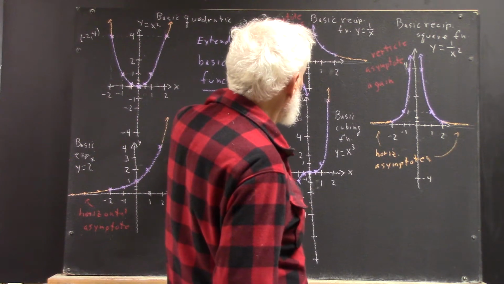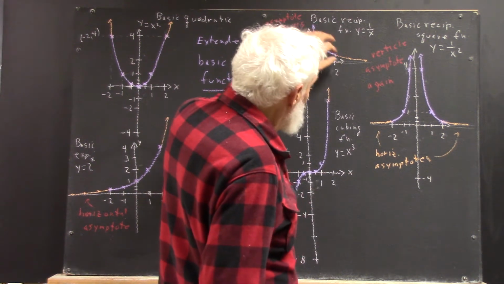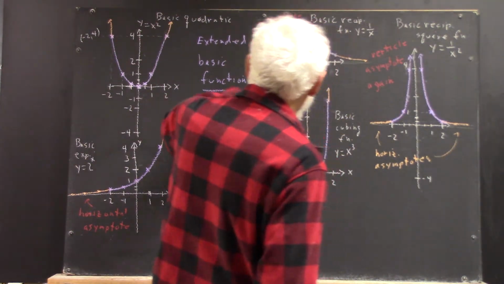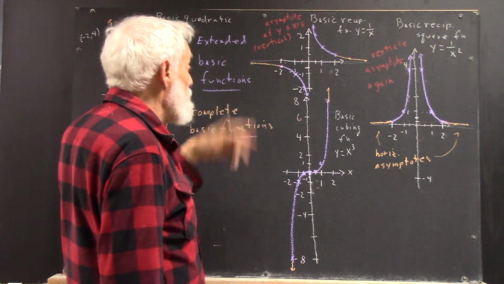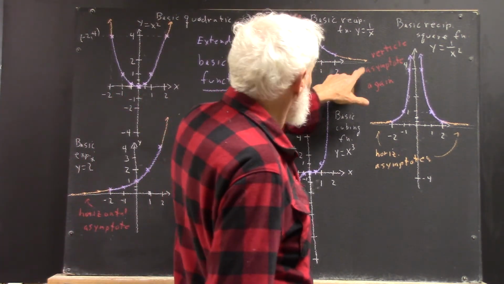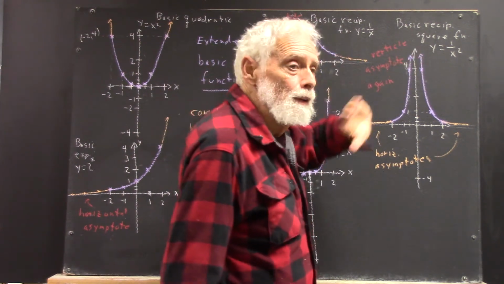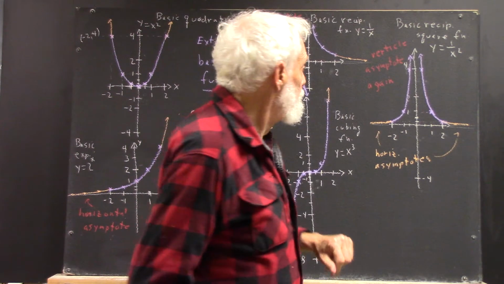So you go to 1/3, 1/4, 1/5, 1/6. These y values are approaching 0, and the y values on this side are also approaching 0 from below. Okay? These are horizontal asymptotes. You're approaching the x-axis more and more closely, but never reaching it.